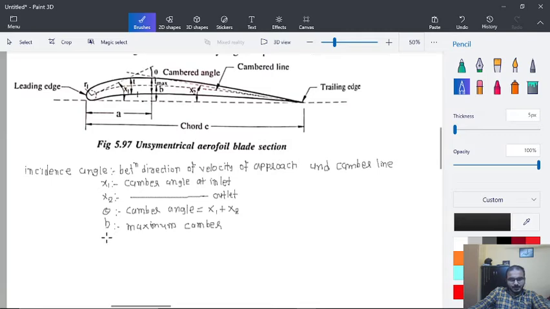A is the distance or point of maximum camber from leading edge.